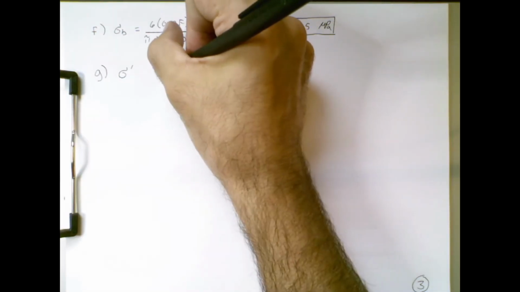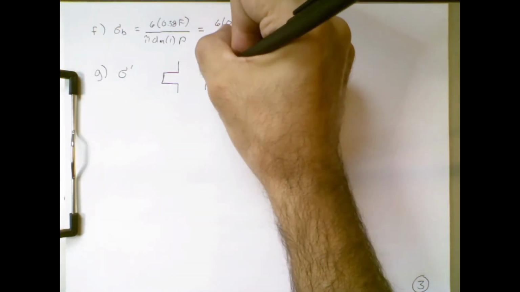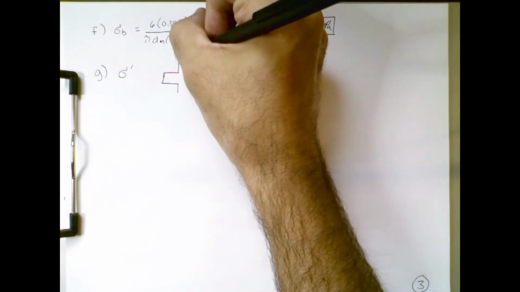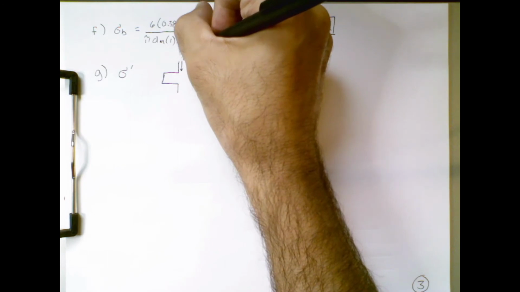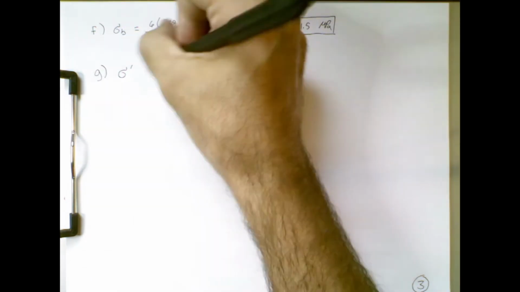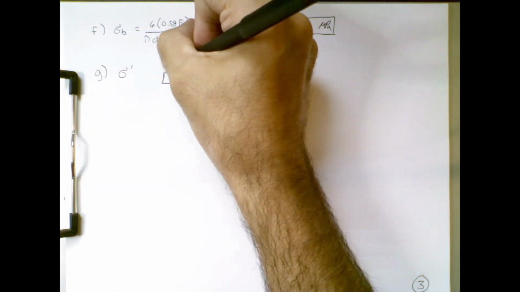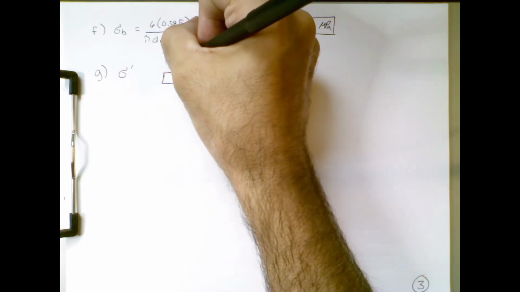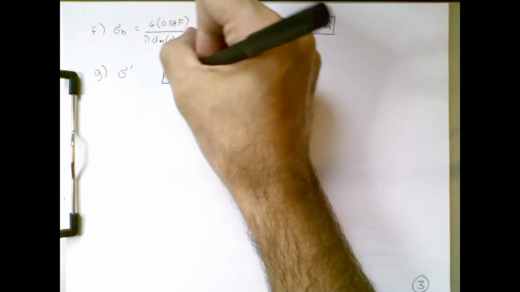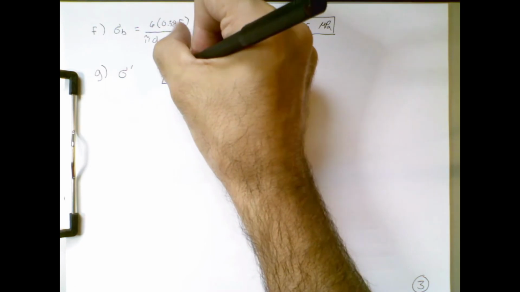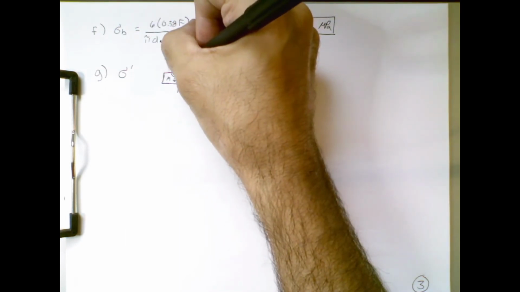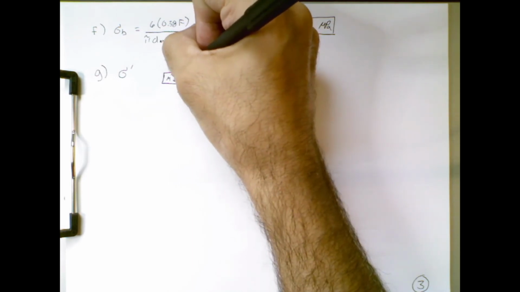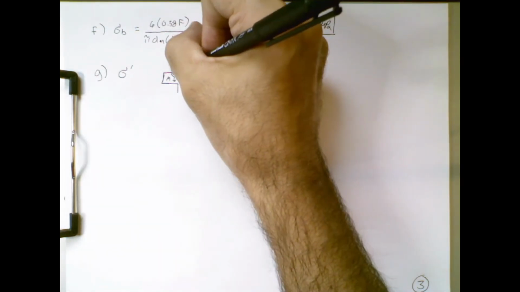Let me sketch out the thread root here. We're going to have a normal stress in the screw body. We are going to have a normal stress due to bending, and that's going to be due to a moment. And then out of the plane here, we're also going to have a screw body shear stress.